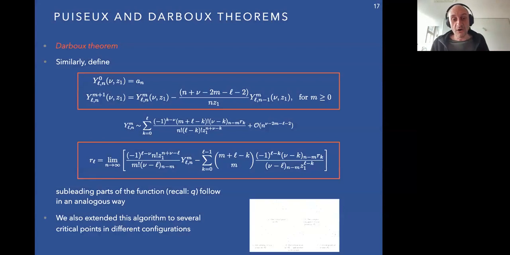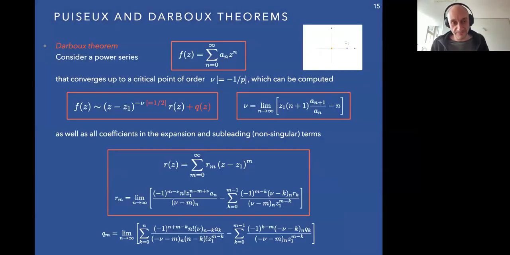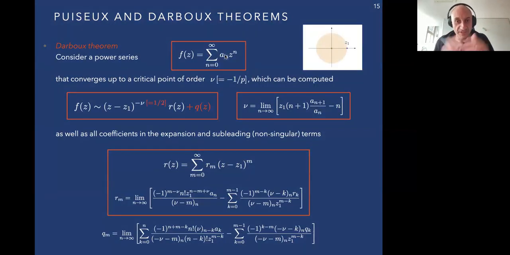Another thing I should say is that this algorithm is also very useful when you don't know all of the coefficients. Of course, if you know all the coefficients, then you can very happily take the limit. This is very nice when you look at the toy example. If you have something like this linear axion model at the self-dual point, you can just take a limit, it's very nice, binomials.